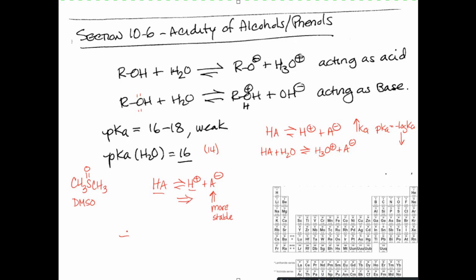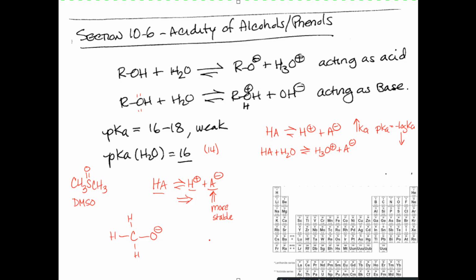So think about taking something like methanol and making the alkoxide out of it. So that's going to be our A minus. When I put an alkyl group on an atom with a negative charge, what I would really like to do is take that negative charge and distribute or delocalize it back into the alkyl group, but that's not the way it works.